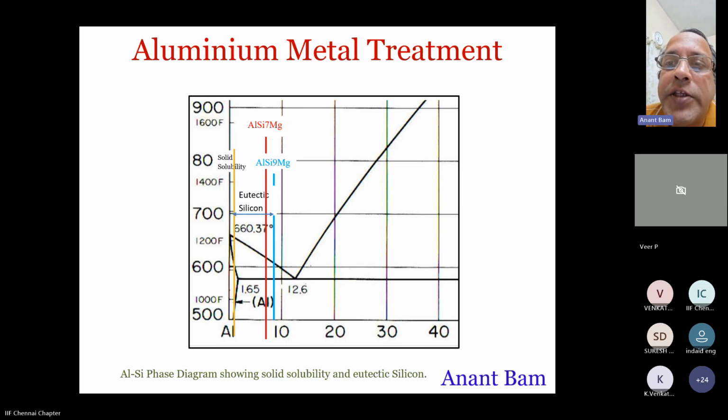That horizontal line is the solidus. The eutectic point in this particular graph is shown as 12.6%. On the left-hand side, you see that there is Al in brackets, that is a solid solubility, 1.65%. And there are three lines in color.